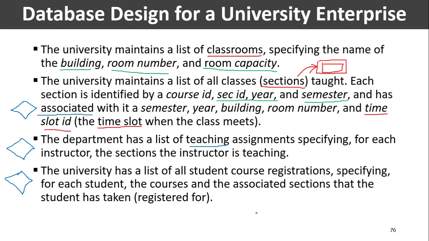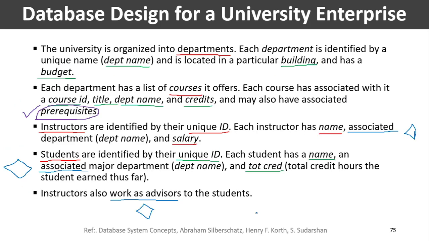Okay, so let's go back once again. What we have done is we have identified tentatively the possible entity sets. So department would be the entity set. Then the course would be the entity set, right? Then instructor would be the entity set, student would be the entity set.